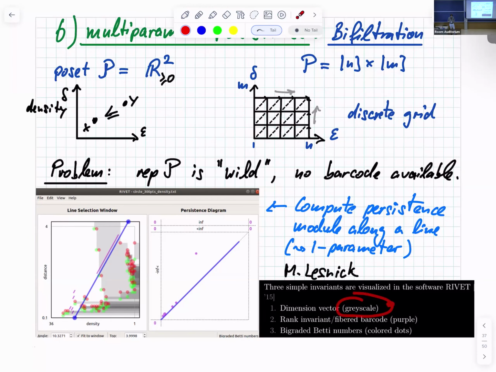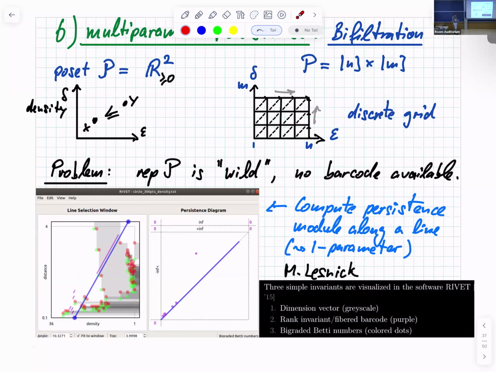So lighter gray is smaller. I imagine the light gray would be a one-dimensional space everywhere here. When it's higher, I would have a two-dimensional space, and here maybe a five-dimensional space. So darker colors indicate higher dimension of the module, and where there's nothing, the module will be 0-dimensional.